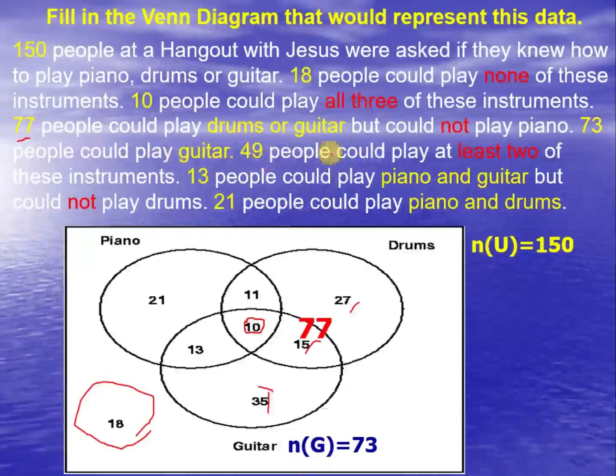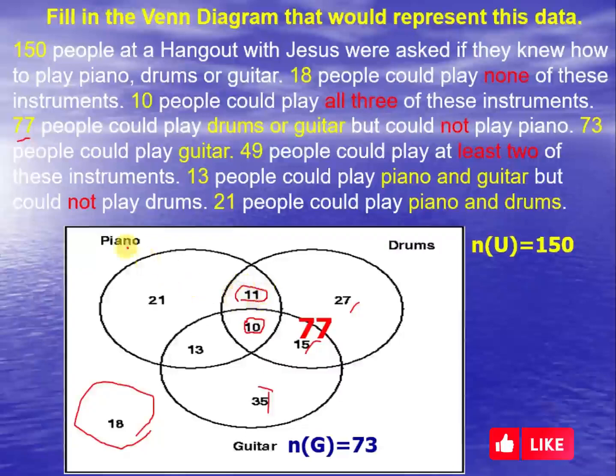Now, 49 people could play at least 2 of these instruments. When you hear "at least," they are talking about these 3 regions plus the middle region. So 1, 2, 3, 4. These 4 regions. It means they either play 2 or they play more, but they can't play only 1. So these 11 people here play 2.